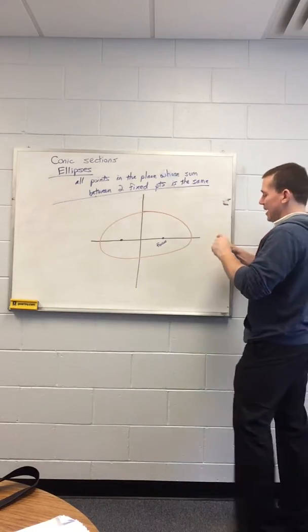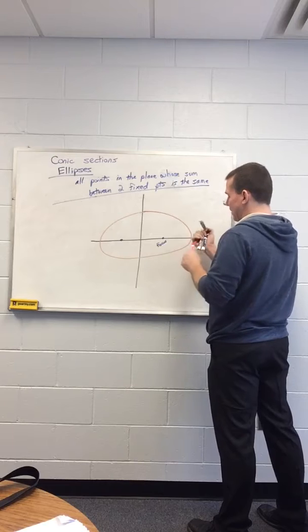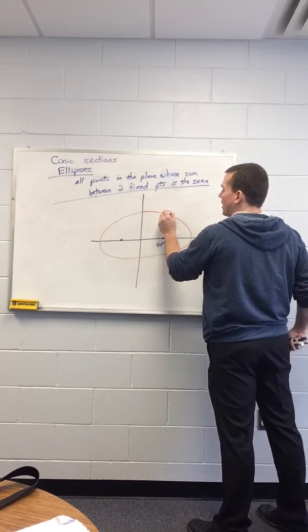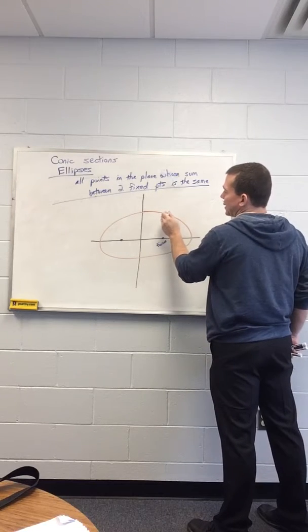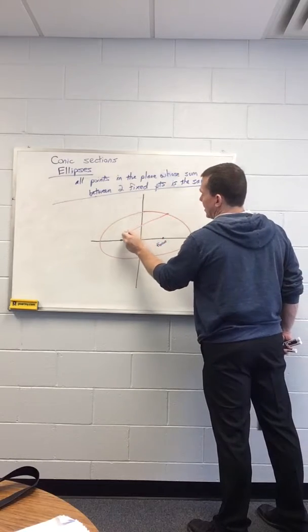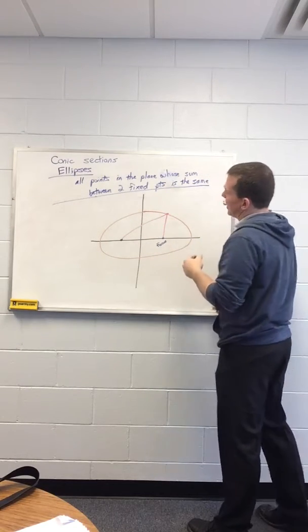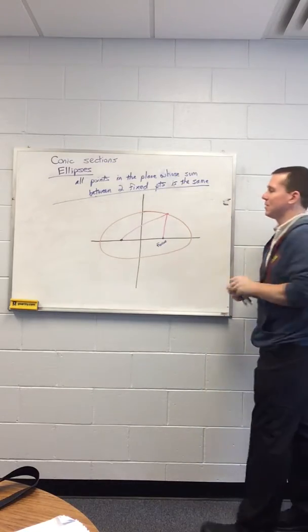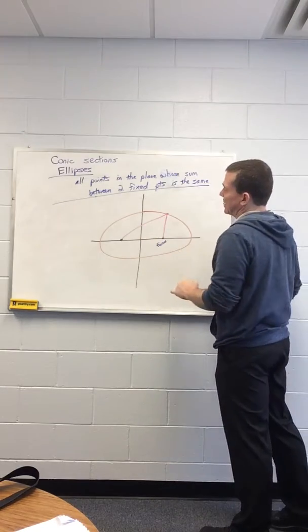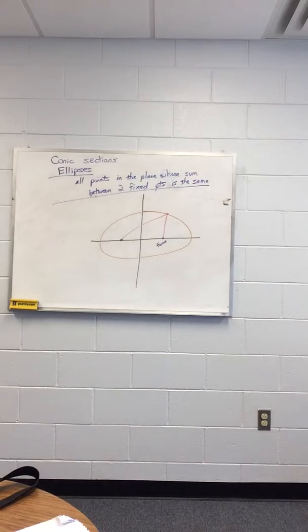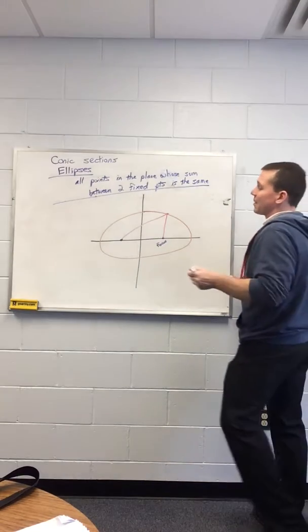But essentially, if you pick any point on the ellipse, say this point right here, if you find the distance between that point and this focus, and this point and that focus, if you add up those two distances, then that sum is the same as it would be for any other point on the ellipse.